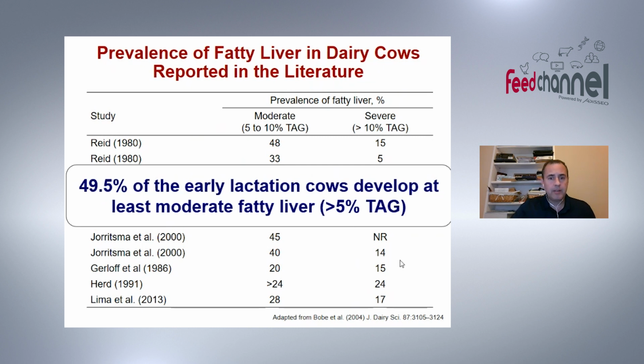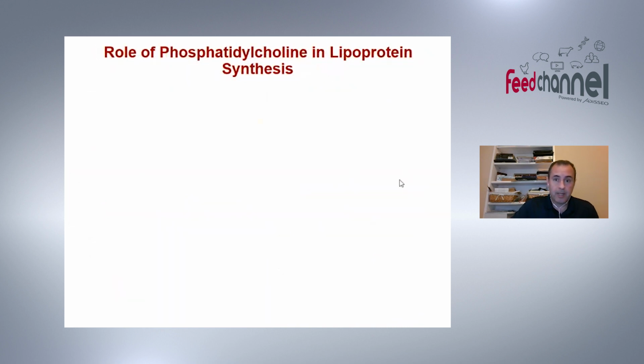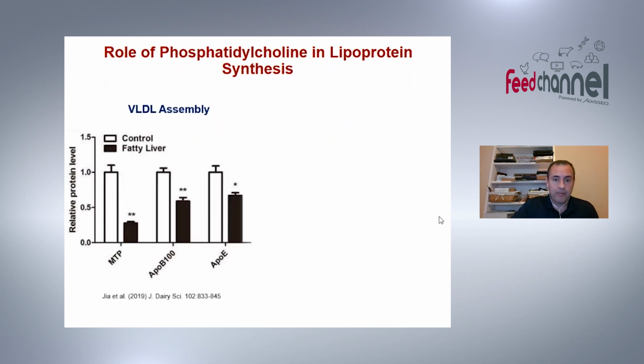So usually that accumulation is maximum between the first and second week, and then slowly those triacylglycerols get eliminated or they get oxidized from the liver. So are there things that we can do to reduce this? Okay. So obviously phospholipids have lipotropic effects.